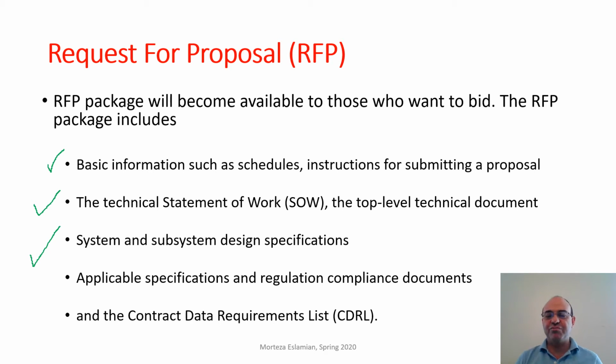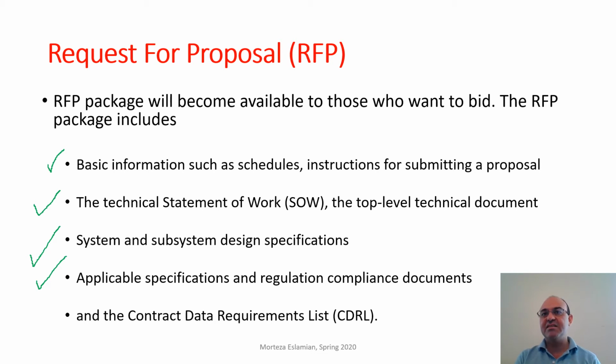The request for proposal doesn't mean to provide all details about the spacecraft, because many details are up to the industry to figure out, but the proposal should tell what is going to be built and what the mission is. Then applicable specifications and regulation compliance documents.